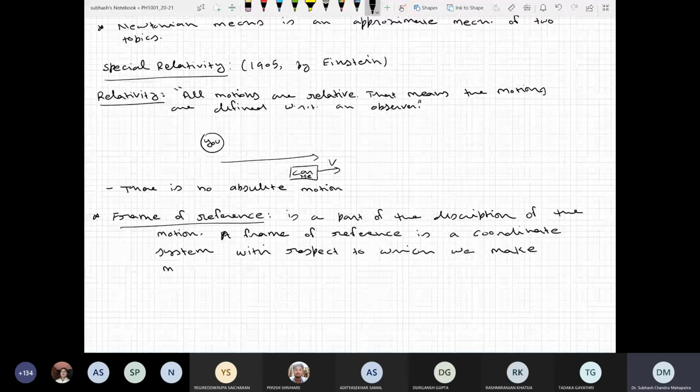By measurements, you are calculating the motion, the velocity, the length, the time. So, measurement of any physical quantity.